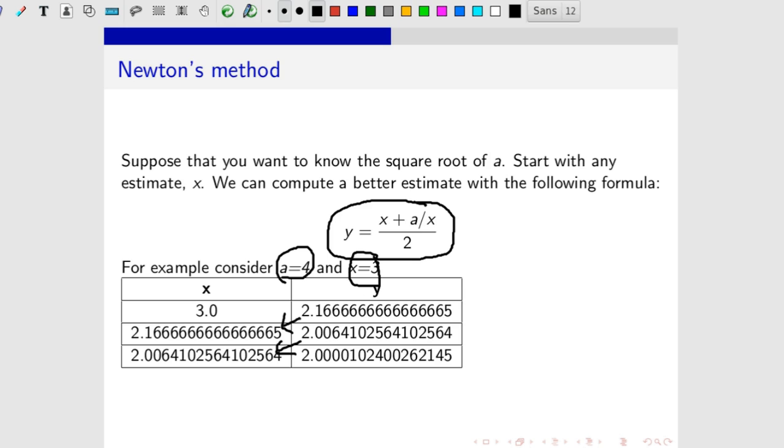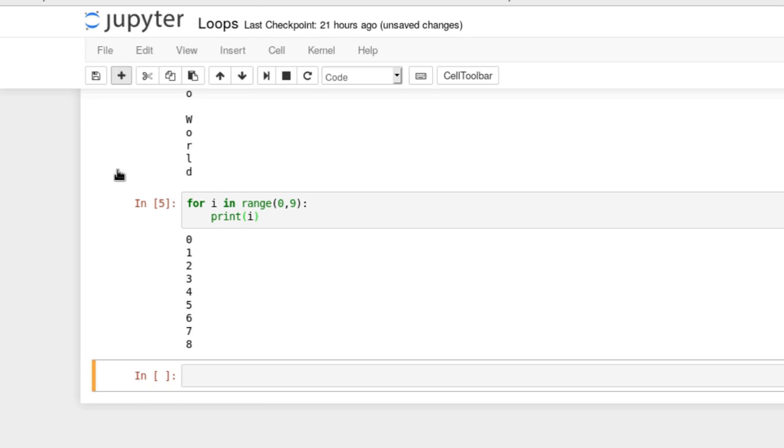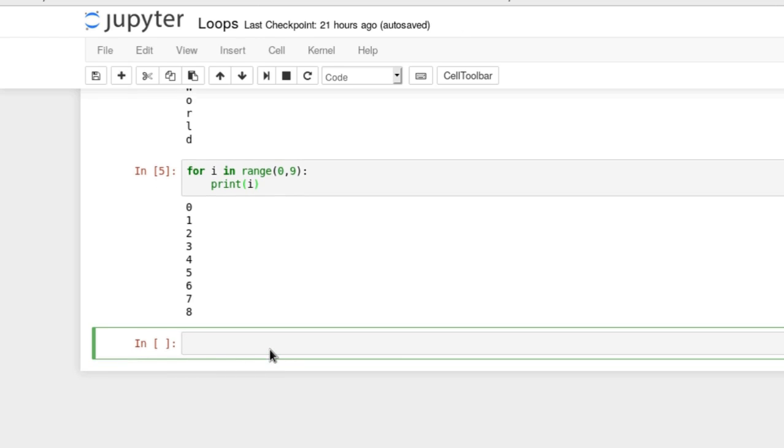So, we will see a program that does this. In general, we don't know ahead of time how many steps it takes to get to the right answer, but we know when we get there because the estimate stops changing.